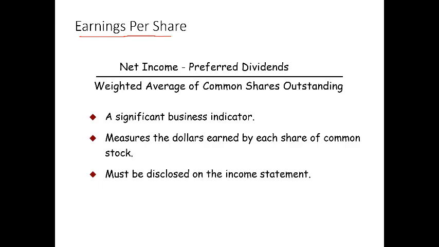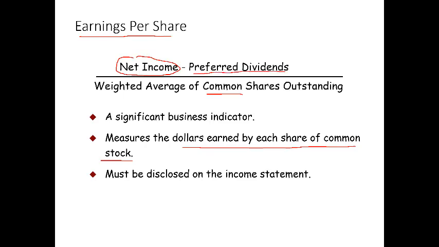The calculation of earnings per share is net income minus preferred dividends over the weighted average shares of common shares outstanding. I just want to highlight it's common shares. We're measuring the dollars earned by each share of common stock during the accounting period, so it's net income per share of common stock. So we want net income minus any dividends that would have gone to preferred shareholders.